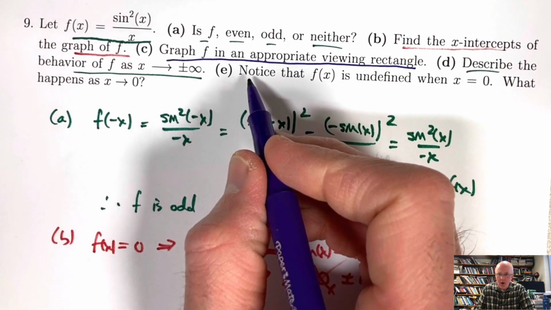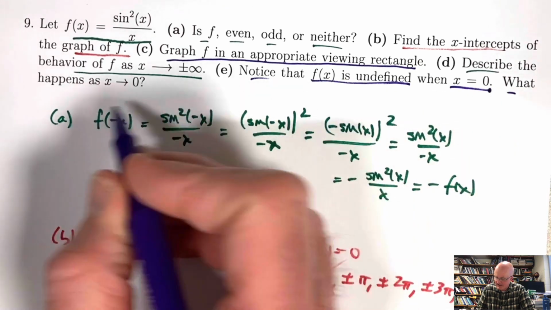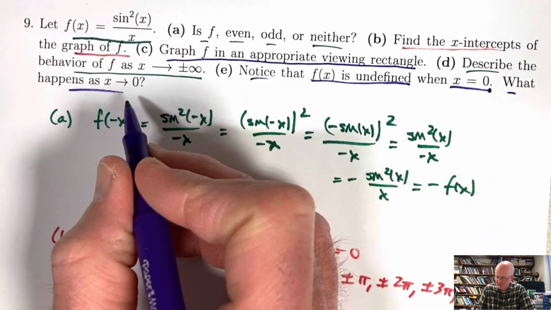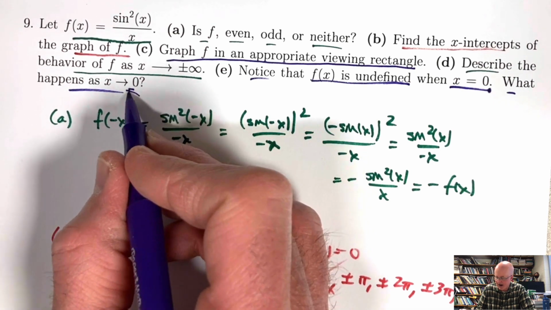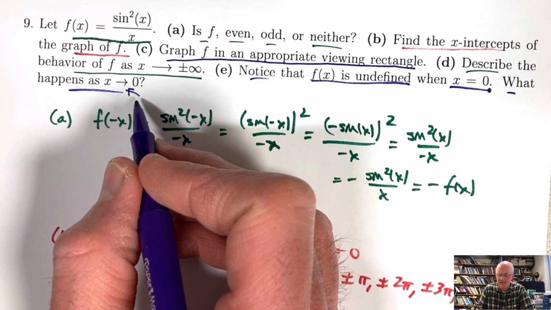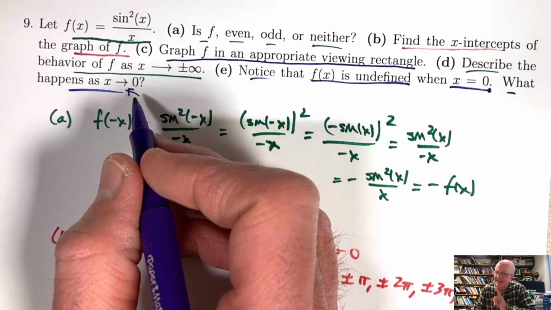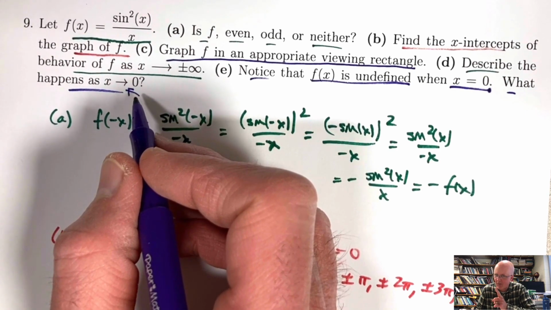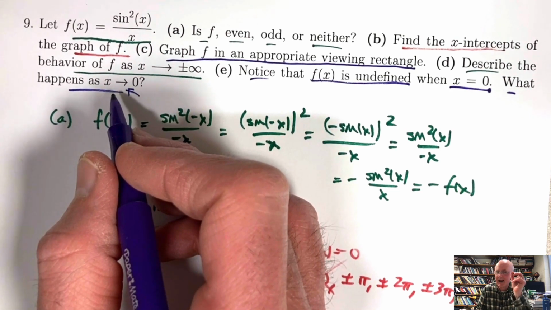Part E, notice f of x is undefined when x is 0. I already mentioned that. What happens as x goes to 0? Well, wouldn't you just say it's undefined? What does this mean? The arrow, x goes to 0, is what I said. That means x is approaching 0 without actually equaling 0. Kind of a weird thing to say. I'm imagining letting x get arbitrarily close to 0 without actually equaling 0.